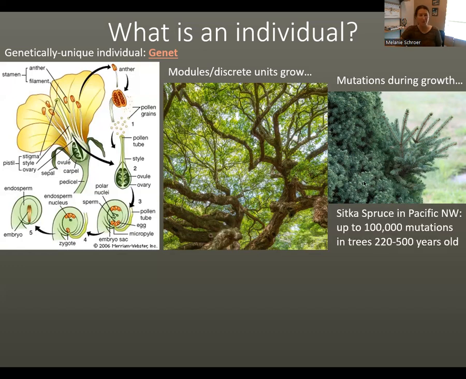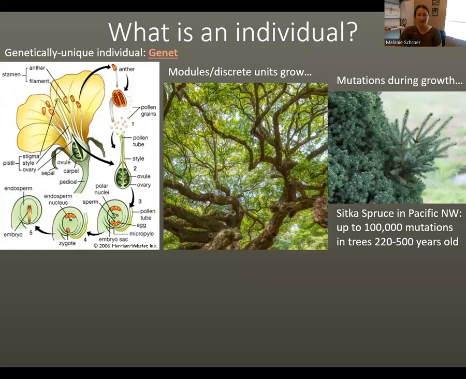Sometimes this can be pretty fantastic. For example, a Sitka spruce in the Pacific Northwest was discovered to have about 100,000 mutations in this tree that was a couple hundred years old. If we are defining an individual as a genetically unique unit, is that Sitka spruce 100,000 different individuals, or what is it?